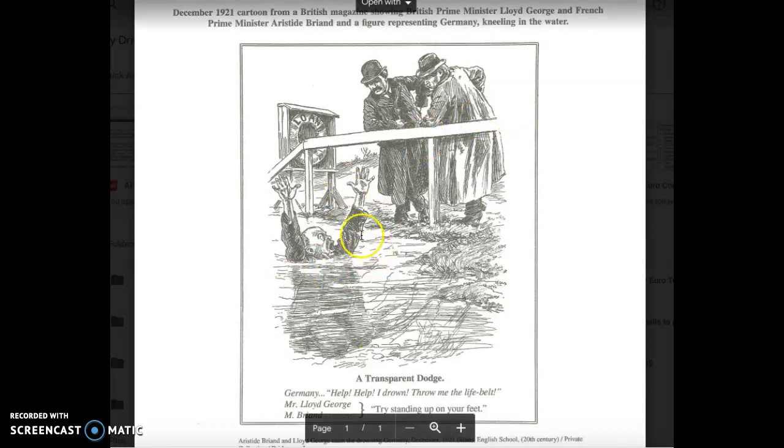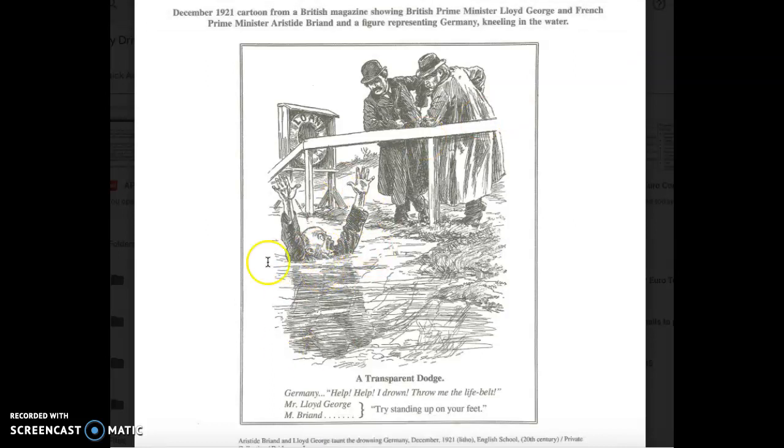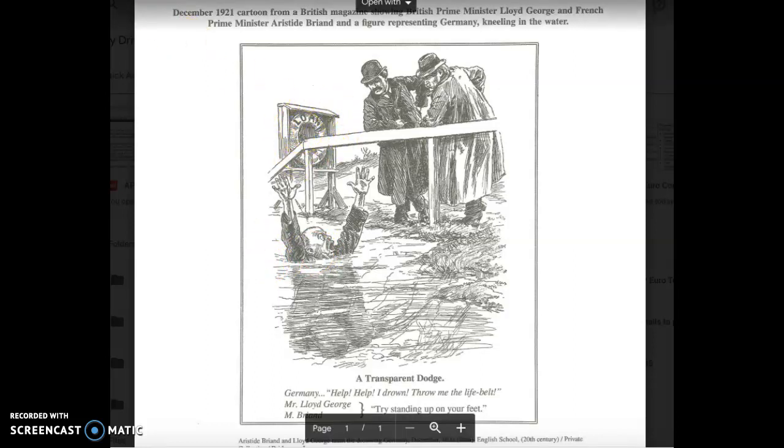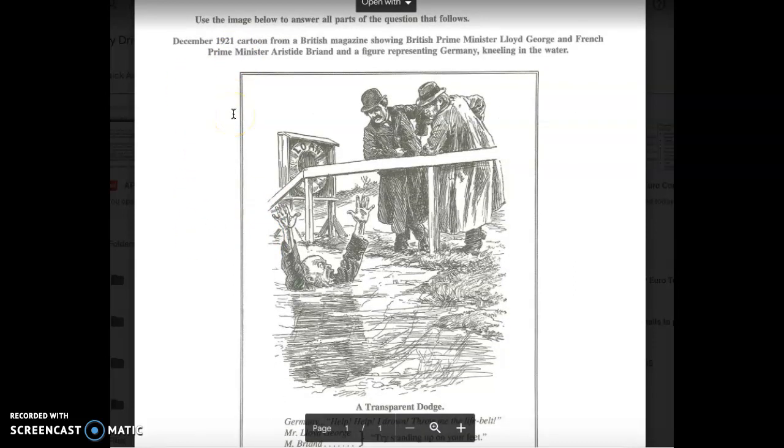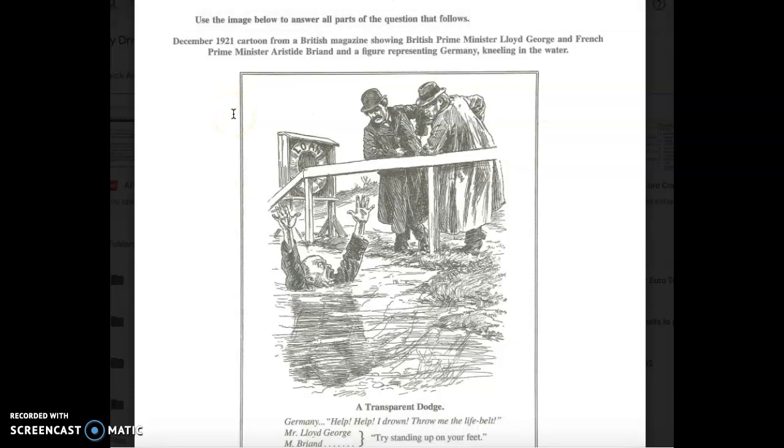We clearly have someone who is representing Germany kneeling in the water, and we see a lone lifesaver that a lifeguard would throw to someone. And look up here where it says December 1921. Okay, so we know World War I is over. And if you can recall your World War I knowledge, we all know that to end the war, Germany was forced to sign the Versailles Treaty.